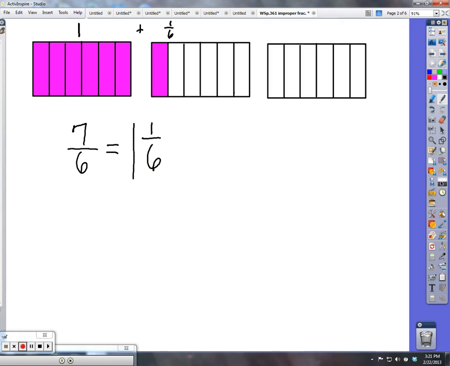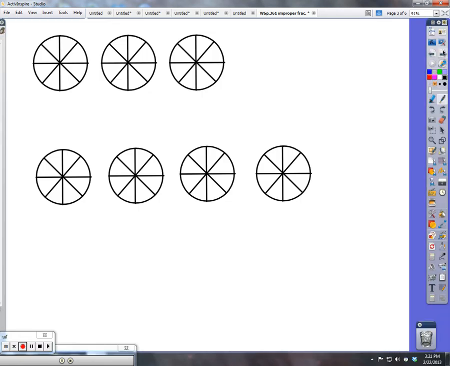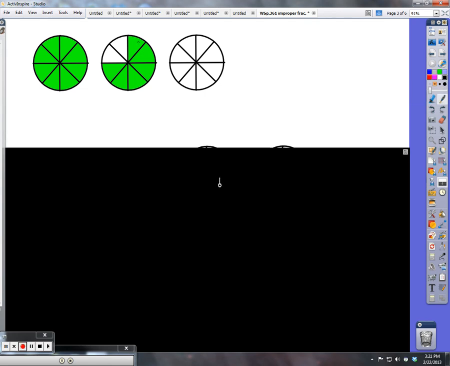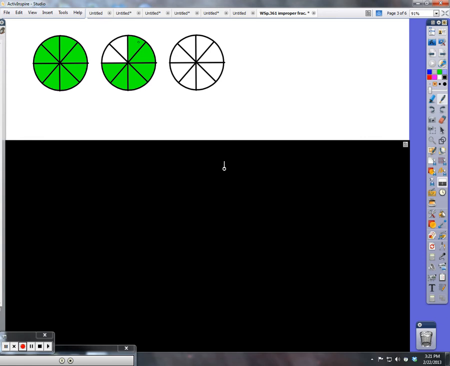Let's look at another example. This time let's use circles. So on my circles, I am going to shade in this much of the circles. So my denominator is going to be the same for both the mixed number and for the improper fraction. All of these circles are divided into 8 parts.